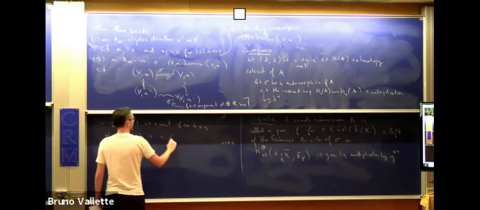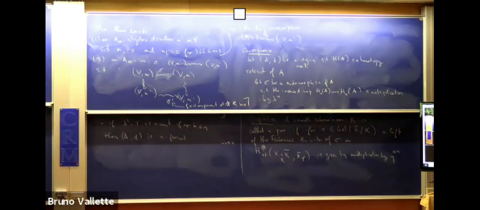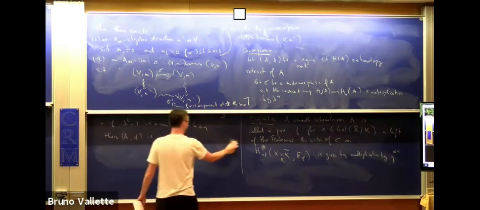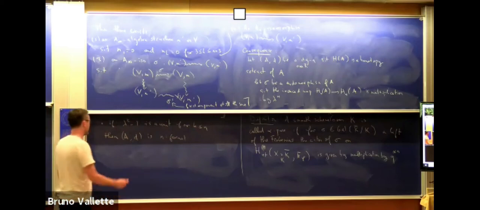is formal. And here I have to apologize because I'm going to change my notion of being formal, but I don't know a better name for this. I think in many cases this coincides with my previous definition.